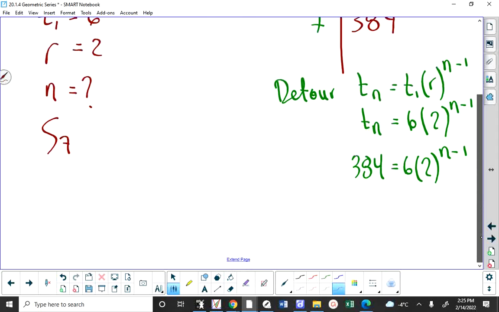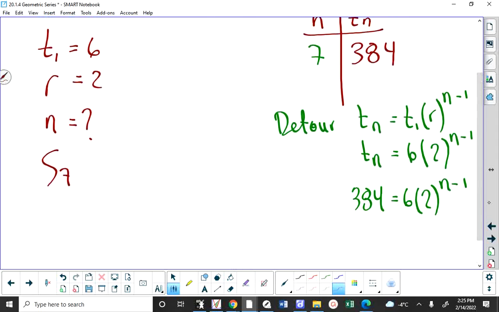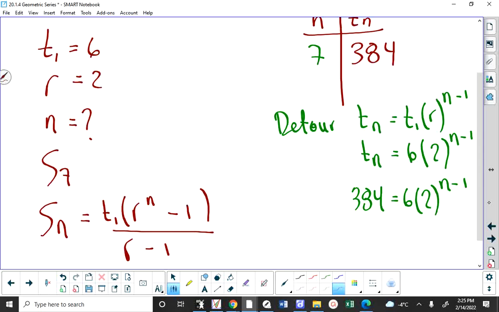We can use our summation formula, which is Sn is the first term times r to the n minus 1, over r minus 1. And even how I said that, I feel a little bad. I said times r to the n minus 1. It's times, r to the n, minus 1. We can put in the numbers.